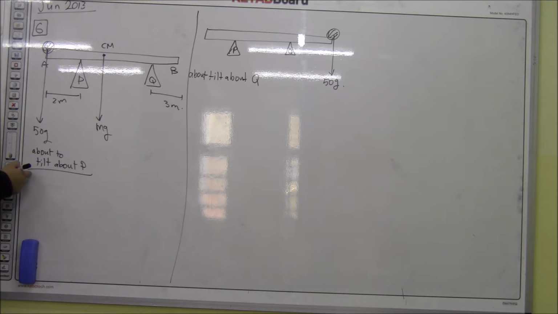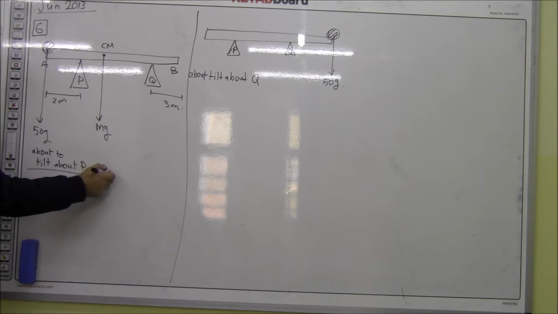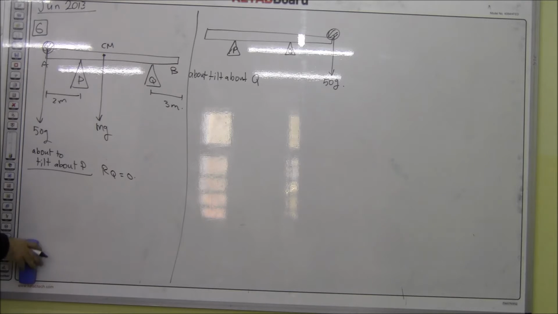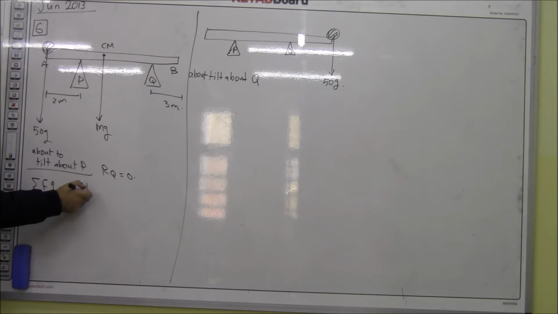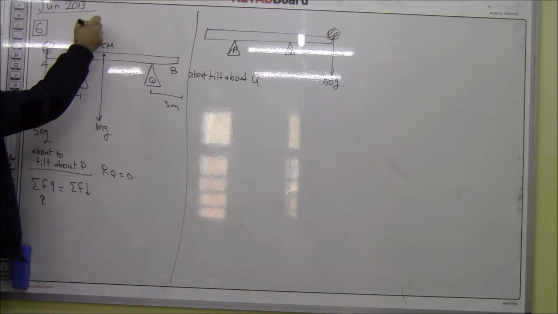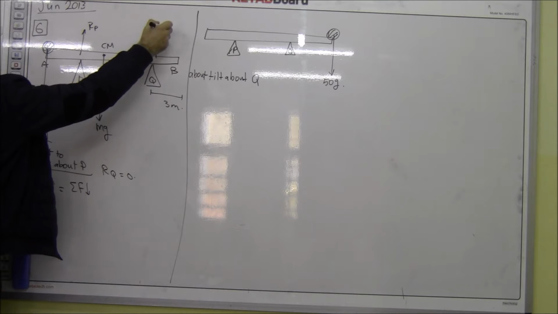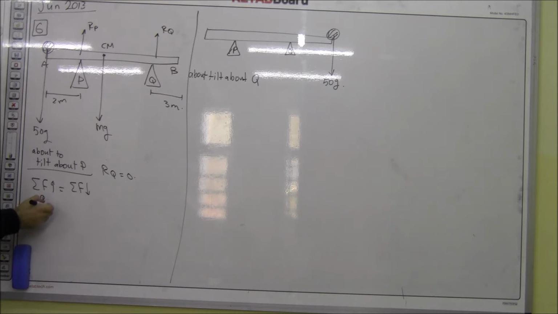It is about to tilt about P, so here RQ is 0. Sum of forces up equals sum of forces down. RP equals mg plus 50g. Any question?